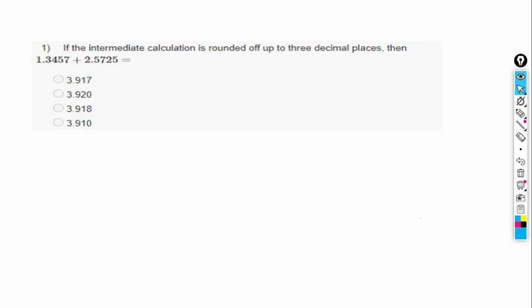It says that if the intermediate calculation is rounded off up to 3 decimal places, then what will be the value of 1.3457 plus 2.5725? So it's an easy one. You can go through it and give me the answers, solve it, and say what will be the answer. You just need to round it off up to 3 decimal places.